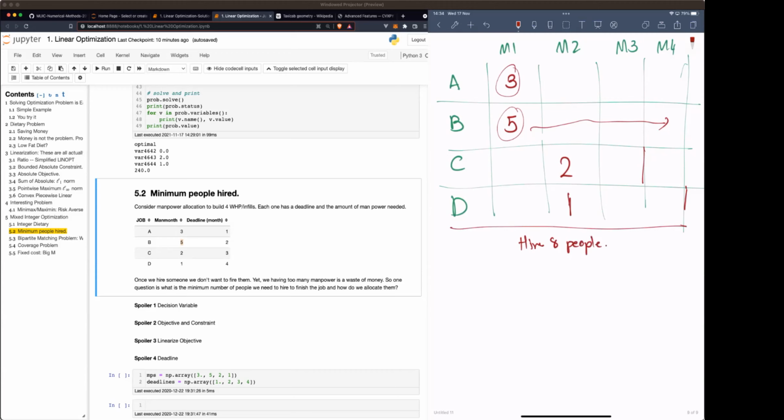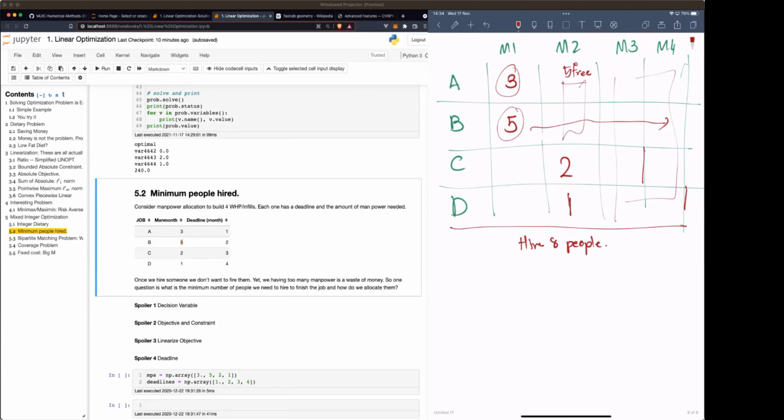Everyone clear? You hire 8 people, and not only that, you don't have enough jobs for them to do in these 2 months. A lot of them are going to be free in month number 3 and month number 4. 5 people free here, and you pay essentially free salary.